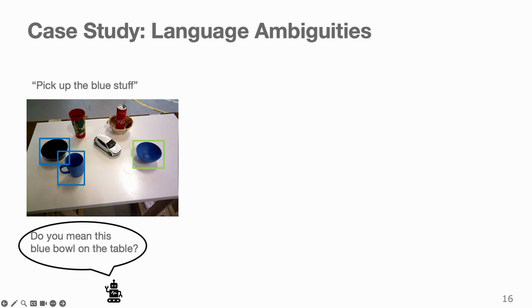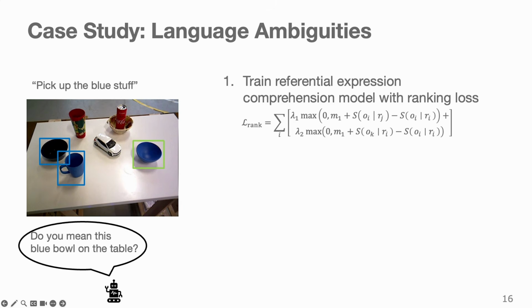To detect whether an instruction is ambiguous, and I won't go too much into the details, we leveraged a max margin ranking loss that we trained a comprehension model with, using pairs of objects and language descriptions.